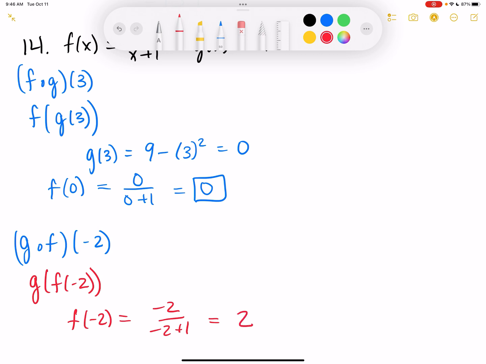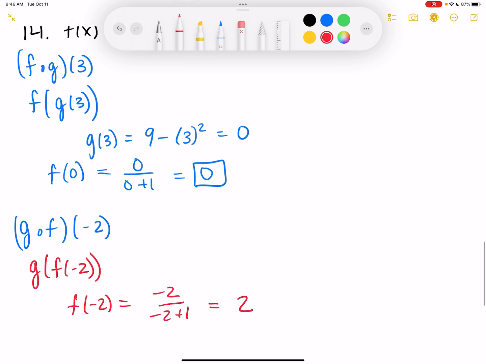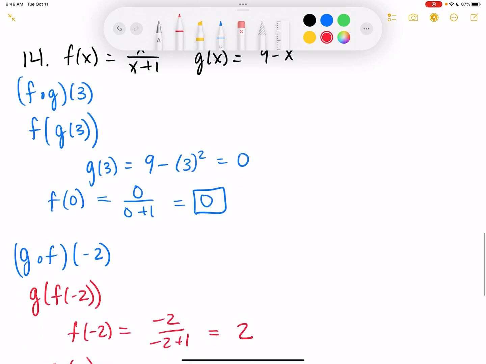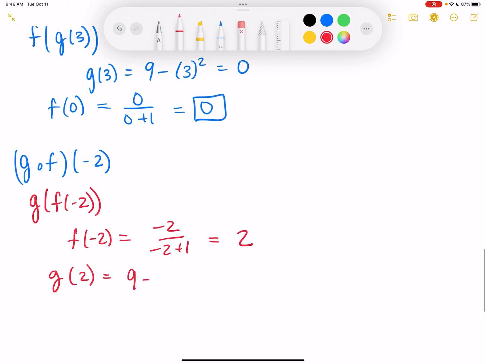So that's 2. And then for g, so g of 2, so 9 minus 2 squared is 5.